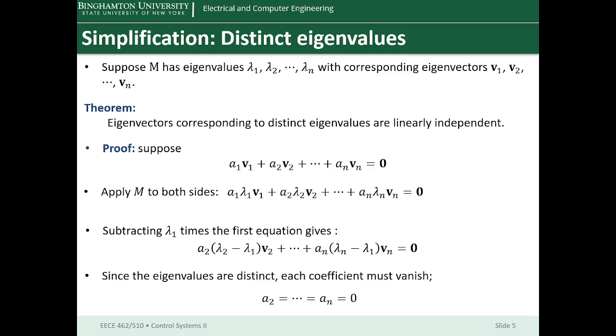And when we plug that back into the first equation, we also find a1 must be 0. So the only possible solution is that all coefficients vanish, which means the eigenvectors are linearly independent.